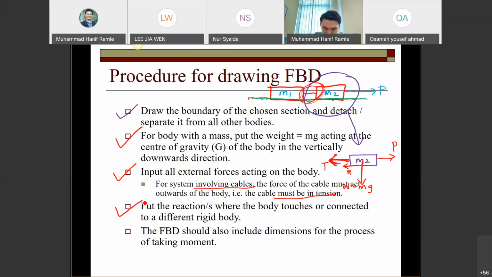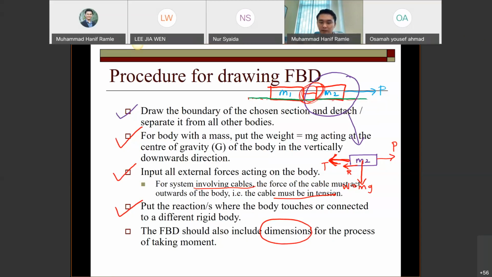Okay, this is done. And of course, the FBD should also include dimensions for the process of taking moments. You have to put dimensions. In this example that I showed you, there is no dimension because it is a simple box.